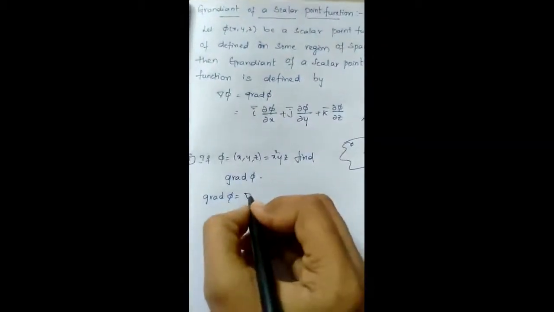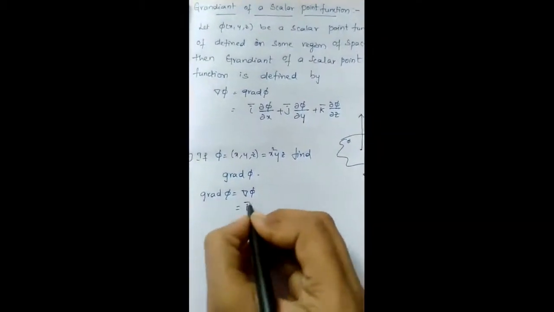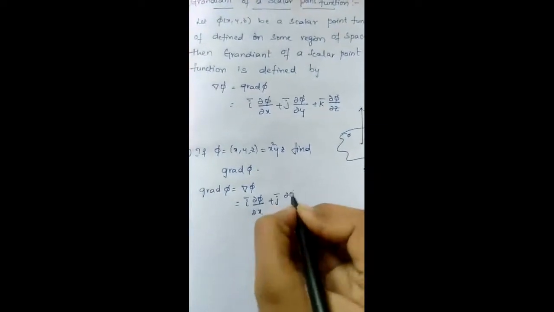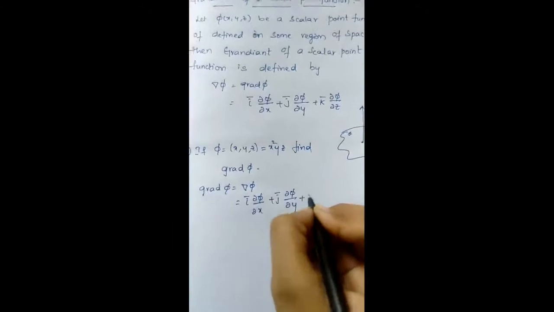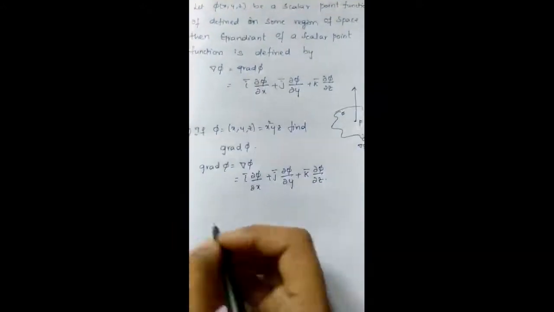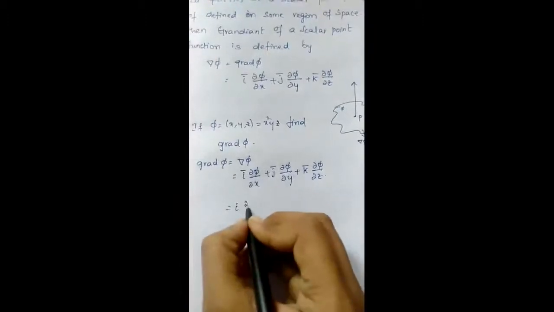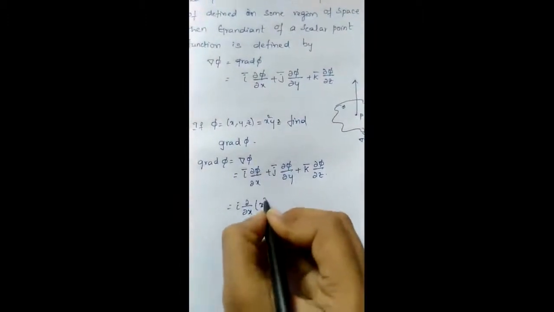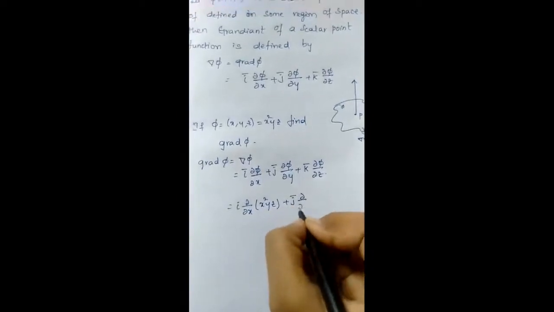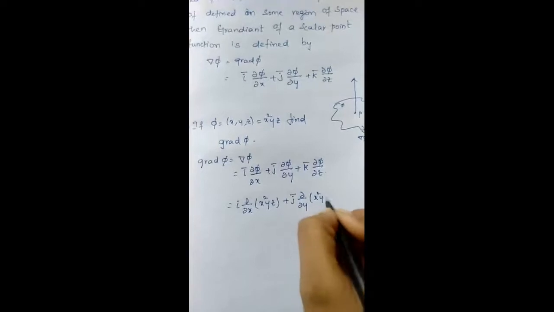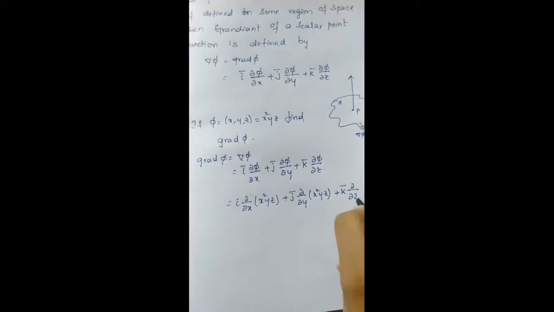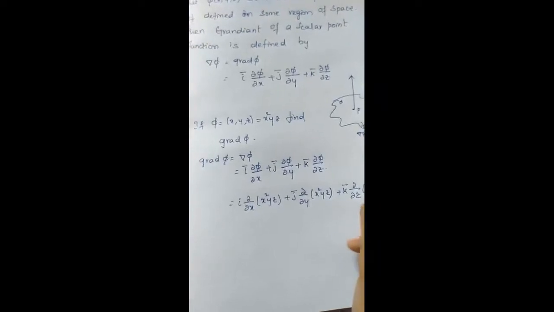Grad phi. This one only now. Grad phi is i bar dou phi by dou x plus j bar dou phi by dou y plus k bar dou phi by dou z. So i bar dou by dou x of x square yz, plus j bar dou by dou y of x square yz, plus k bar dou by dou z of x square yz.